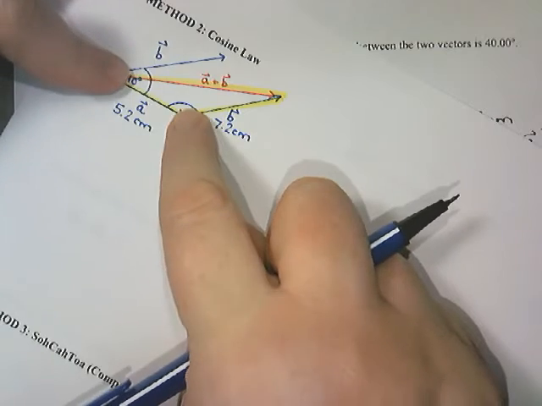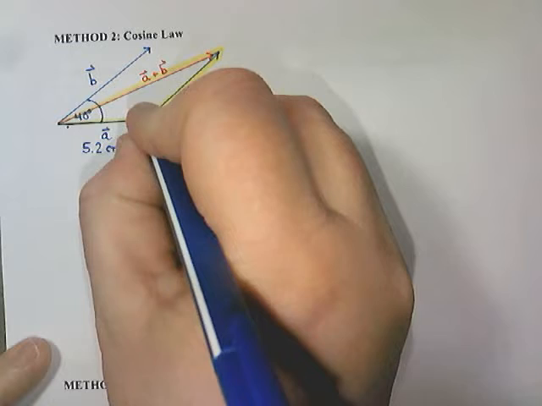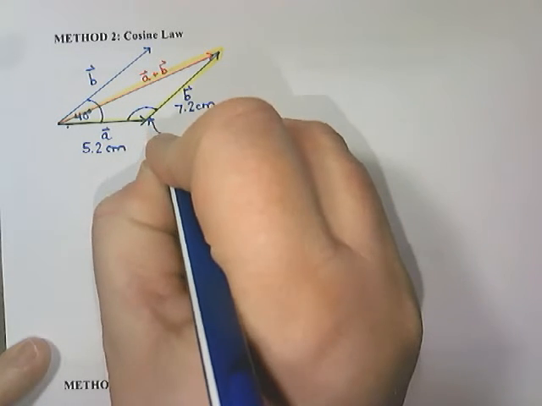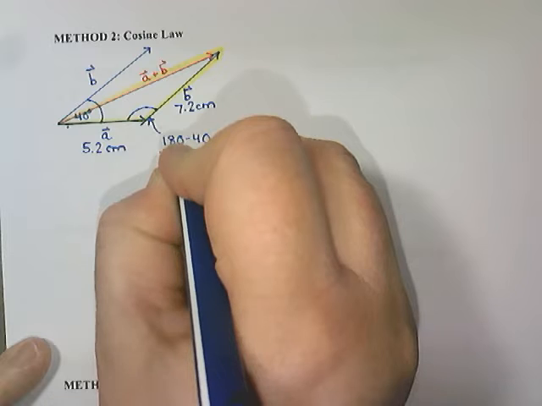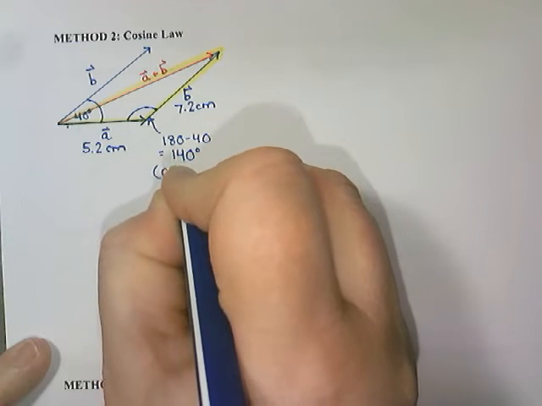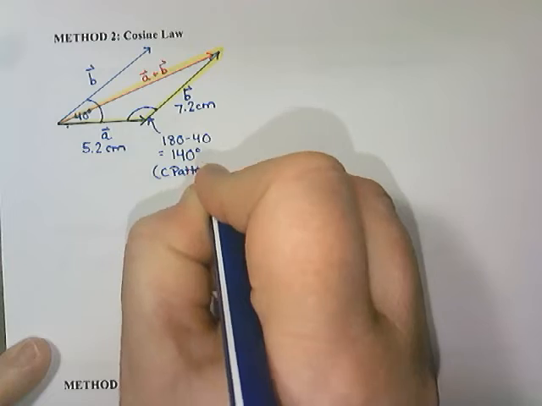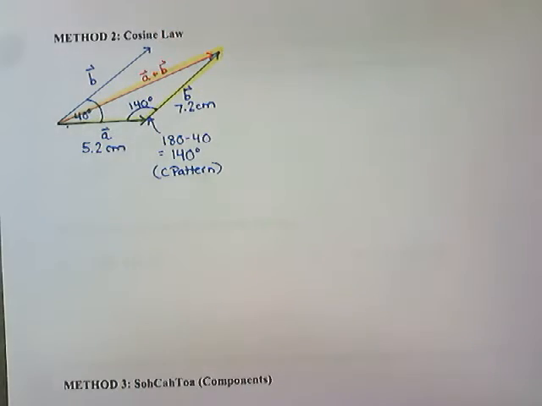So 40 plus this angle should equal 180 degrees, or I can calculate this one by doing 180 minus 40 degrees, which is 140 degrees. And that is, in case you are interested, C pattern. So this is 140 degrees.